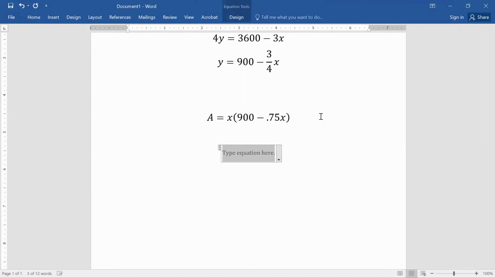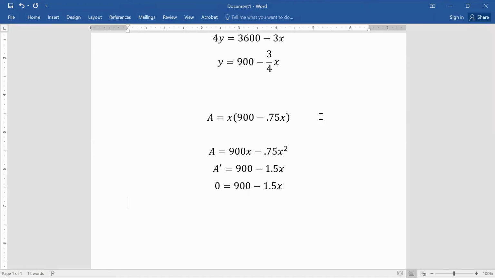Anyways, we do the standard thing, multiply through in order to rewrite your area, then utilize the derivative to give me my critical values. My critical values happen when the derivative doesn't exist or is 0. This derivative always exists, so the only critical value I get is when the derivative is 0.